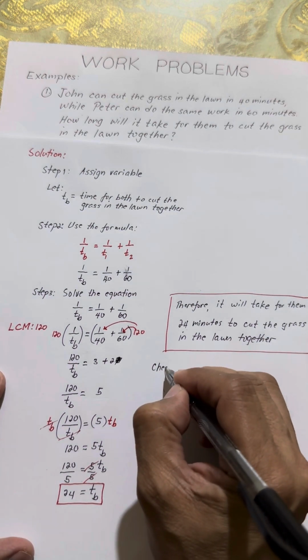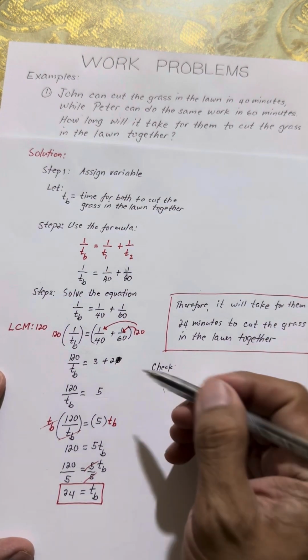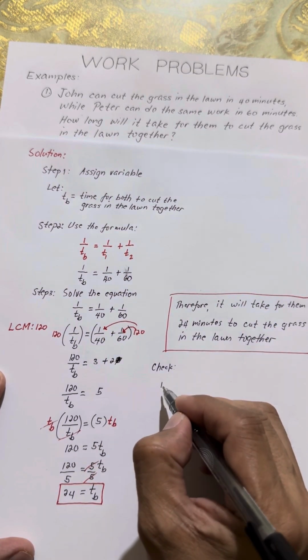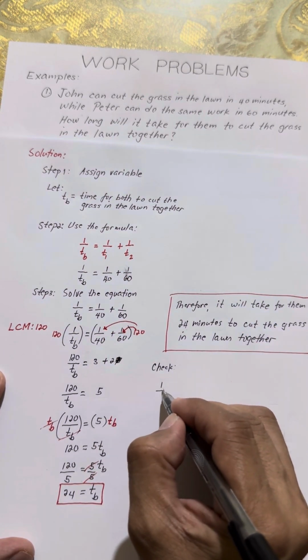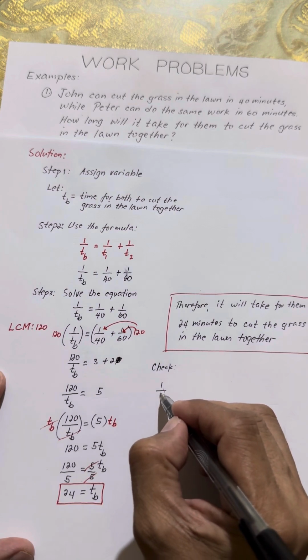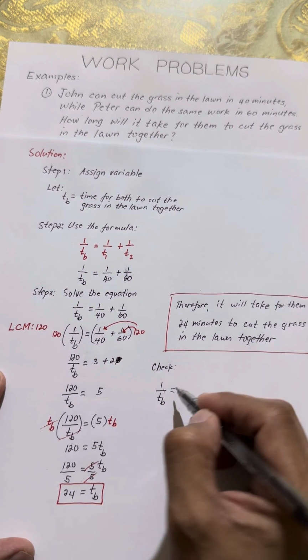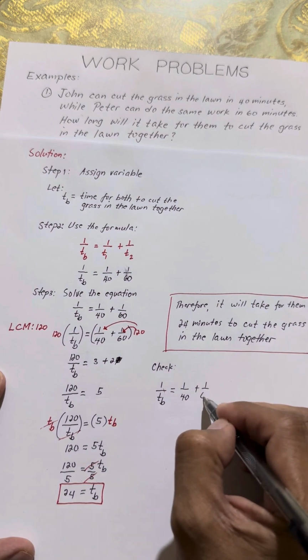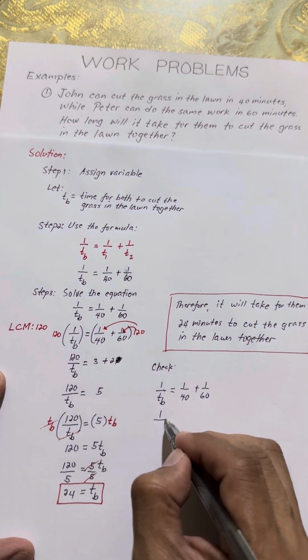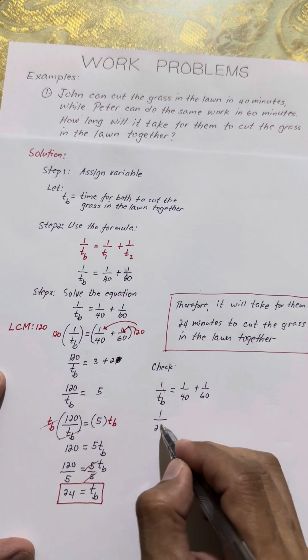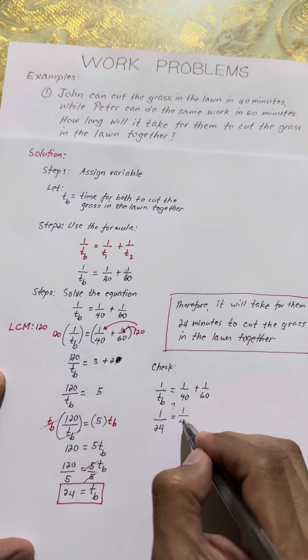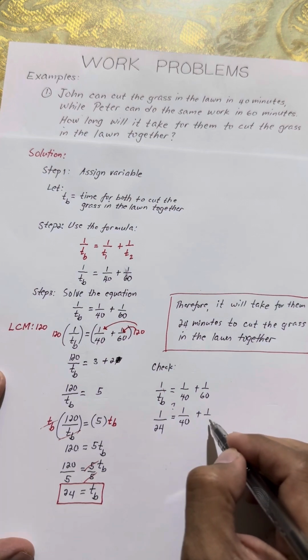And to make sure that our answer is correct, you can check. Know how to check: just get the equation above. We have 1 over t sub b equal to 1 over 40 plus 1 over 60. Substituting t sub b, our t sub b is 24. Is 1 over 24 equal to 1 over 40 plus 1 over 60?